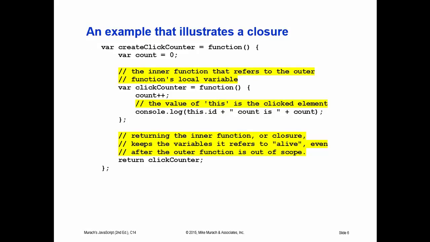With the example in here, we've got a function called createClickCounter, and it contains a variable named count that is set to 0, and it has an inner function named clickCounter that increments the variable by 1.